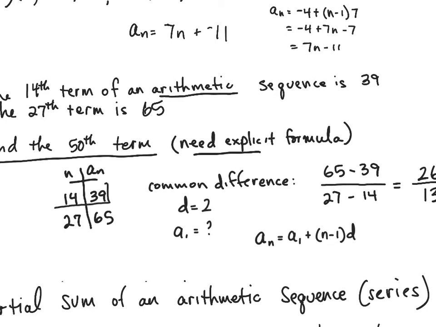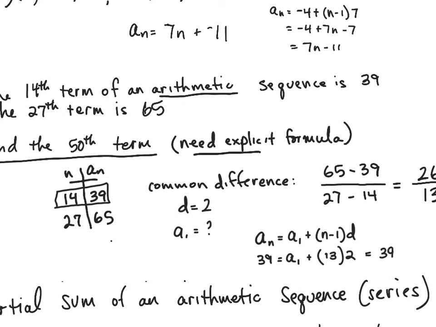Using this bit of information, for example, when a sub n equals 39, we can solve for the first term, and the n value for 39 was 14. 14 minus 1 is 13. And I know the common difference is 2.